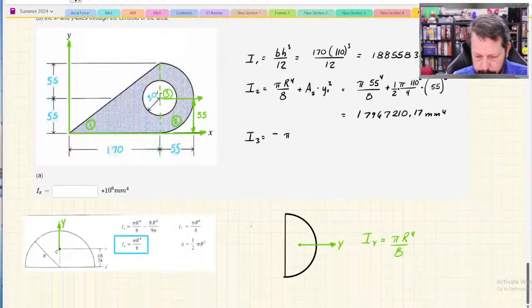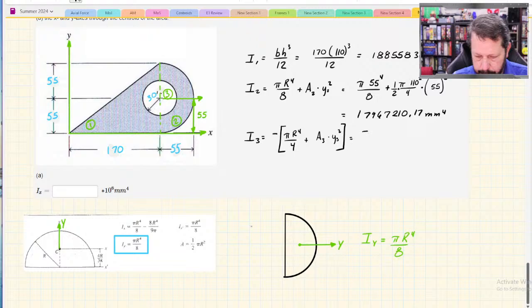Negative pi r to the 4th over 4. But that's about that same axis that we just had, so that's not going to work. Plus area of part 3 times y of part 3 squared. Got to remember that this whole term is going to be negative though.